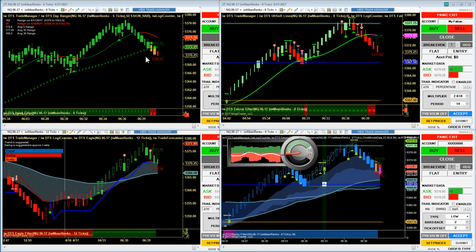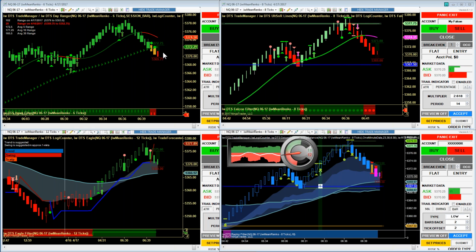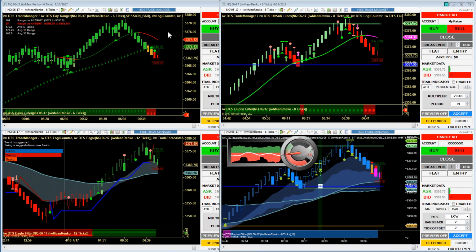The Hawk now getting ready to signal a red bar buy, but we haven't seen a test of the extreme yet, so I'm a little reluctant to get too crazy on the short side just yet.